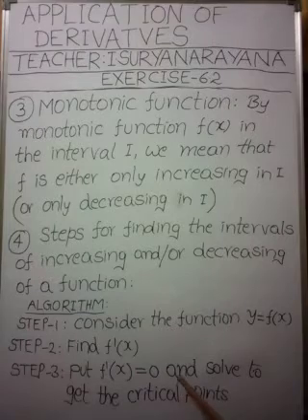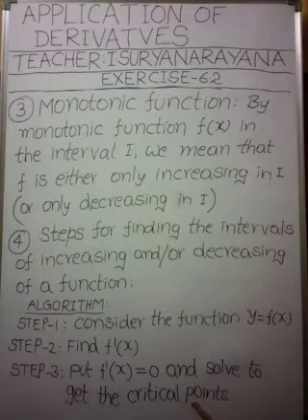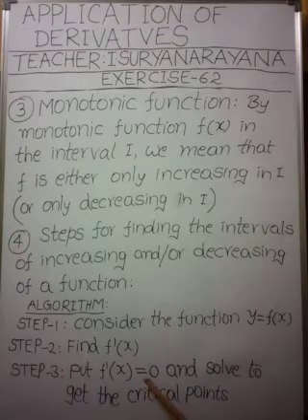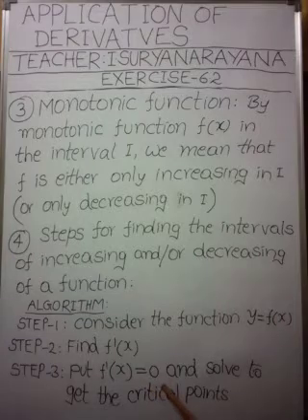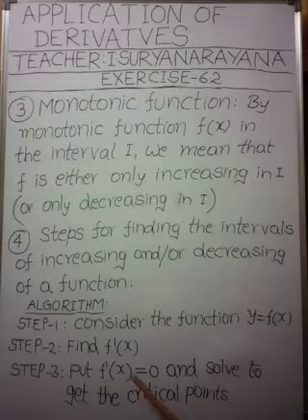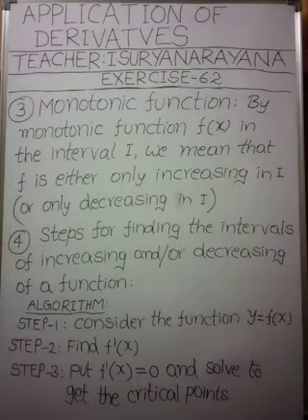Those values are said to be critical points. These are nothing but the solution set of the equation f dash of x is equal to 0. Critical points are nothing but the values of x which satisfy this equation f dash of x is equal to 0. Understood this step 3, my dear children?